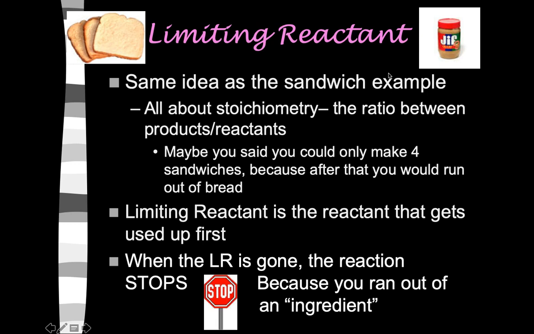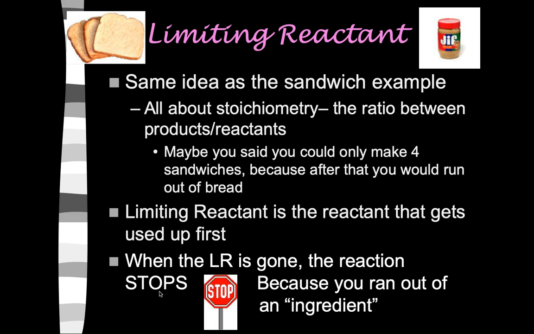So even if you had extra bread or extra jelly, if you run out of peanut butter, you can't make a peanut butter sandwich. So in a chemistry reaction, even if you have a bunch of one of your reactants left over, or excess, we call that, if you run out of something, you can't make any more product. So the whole reaction stops. And that's an idea we hadn't really talked about before.